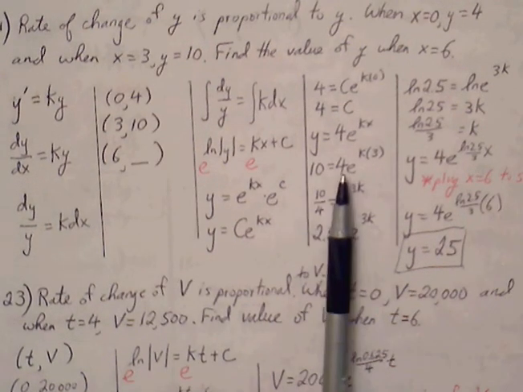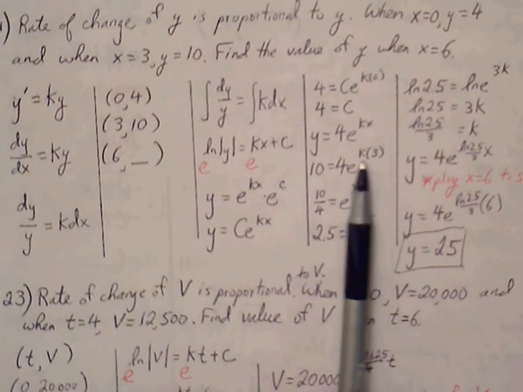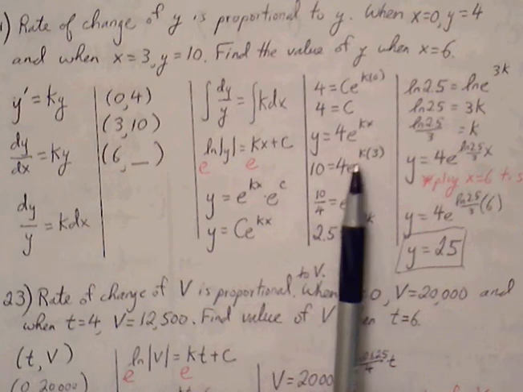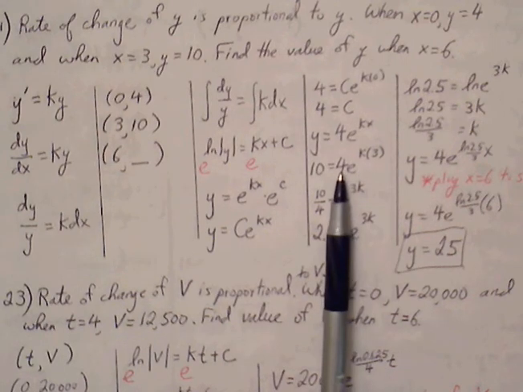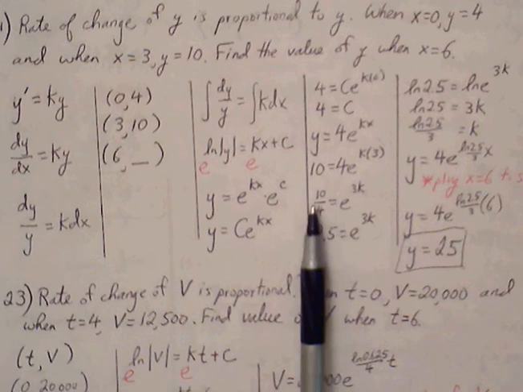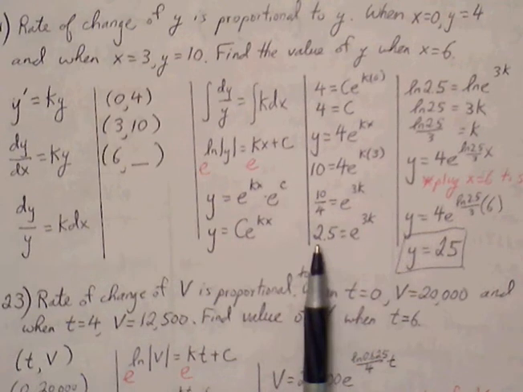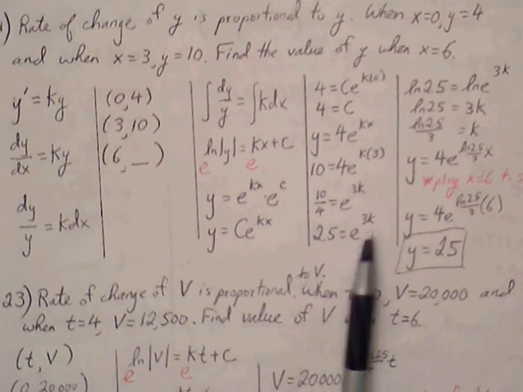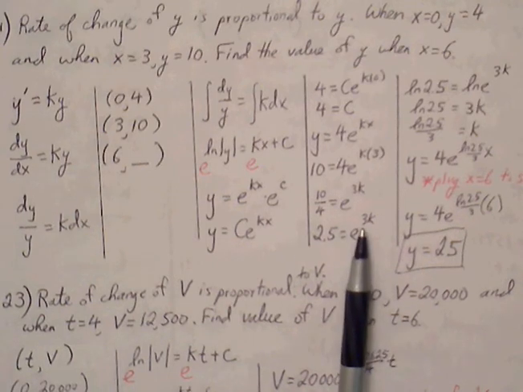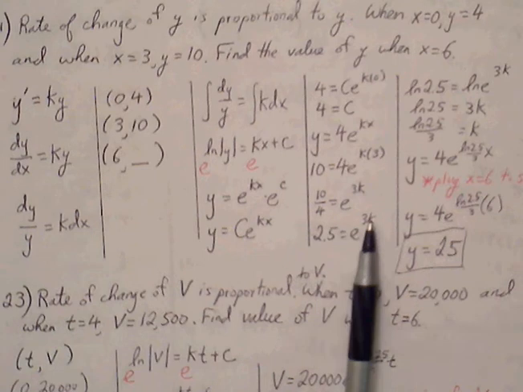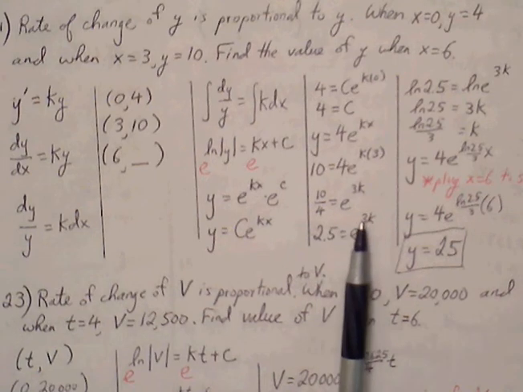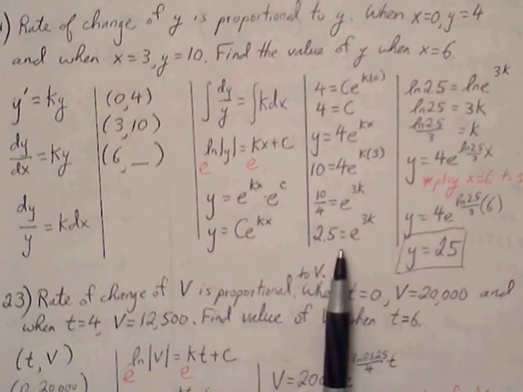Step by step, we try to solve for k, but we need to move some of these terms away from it. So divide by 4. 10 over 4 is equal to e to the 3k. 10 over 4 reduces to 2.5, so 2.5 equals e to the 3k. K is sitting up as an exponent, so we're going to take the natural log of both sides to allow this exponent to come down using the power property for logs.